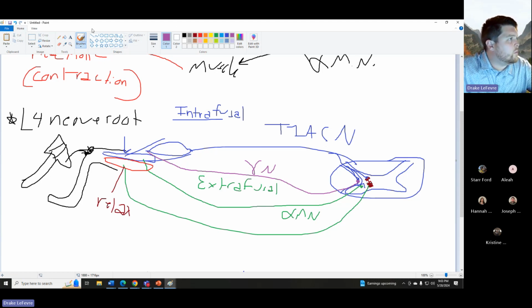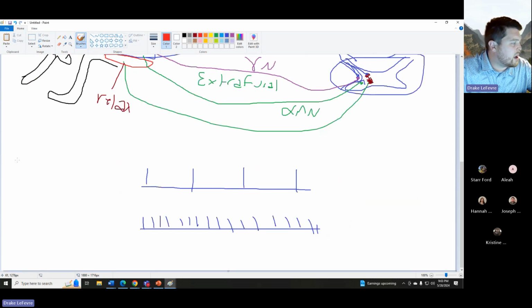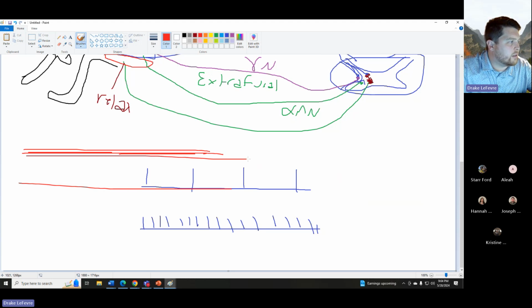So the way that our whole muscle is set up, we have our whole muscle right here, a bunch of those muscle fibers running all the way through, and then we have a muscle spindle in here. On either side of the muscle spindle, connected to it, we still have muscle fibers connecting to it like this and continuing along its path like that.